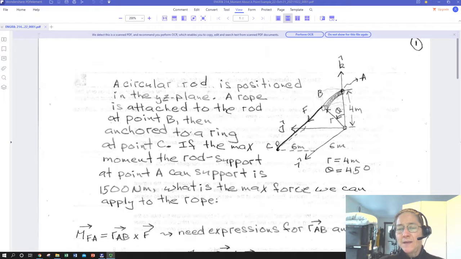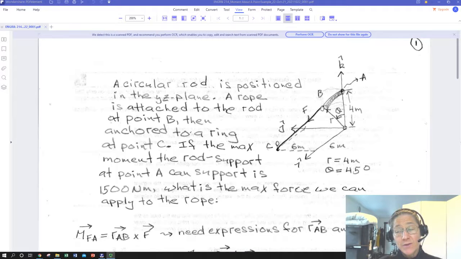And there is a rope attached to it at point B. The rod is attached to the wall, we'll say at point A here on the k-hat axis, and the rod is lying in the YZ plane, or the JK plane. So it doesn't have any bit of itself that is extending out along the x-axis. It's all in the YZ plane.